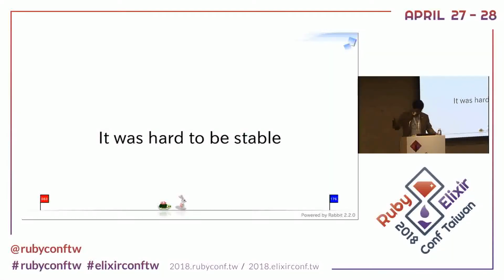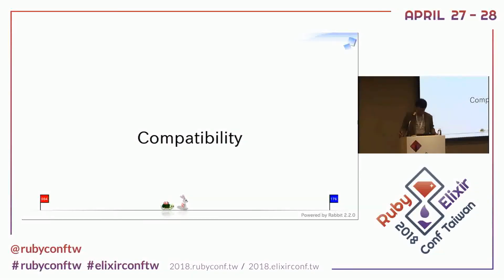Only Koichi did that. Vlad tried to recreate a new compatible virtual machine, and he could not do that in a short amount of time. Maybe he could do that in the future, but not now. Compatibility is the biggest obstacle to making a big change. So it is a problem.